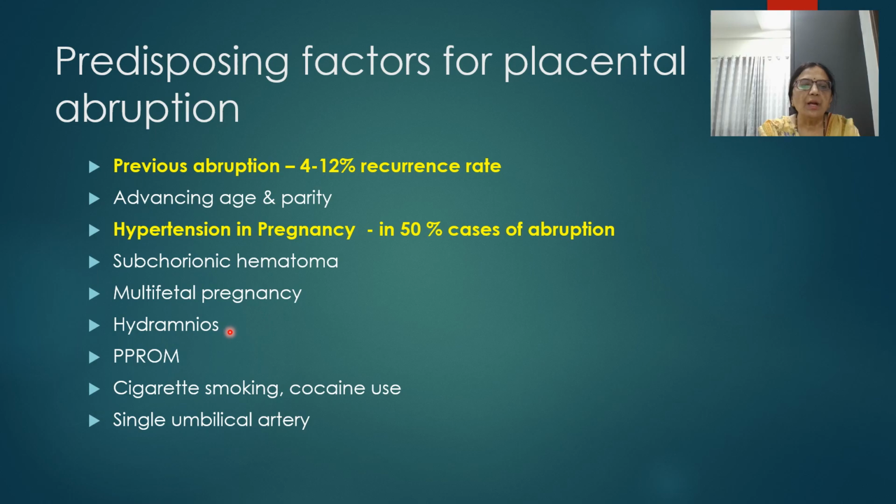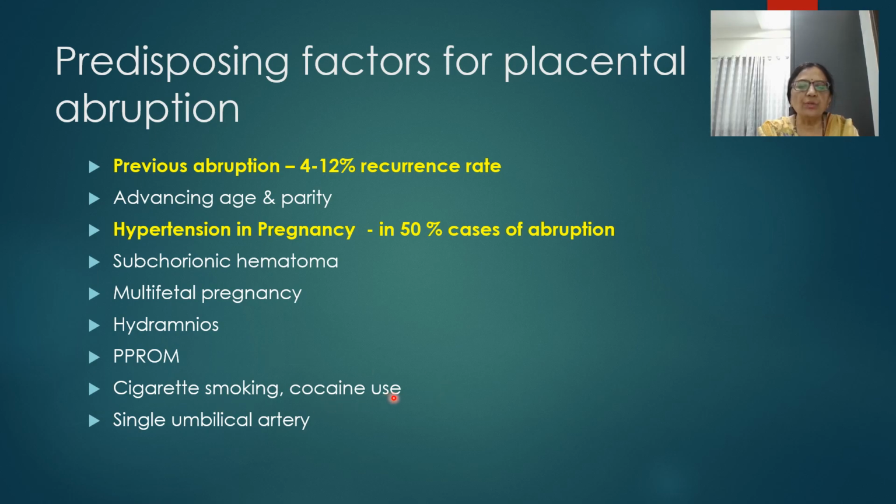Multiple pregnancy and hydramnios, where there is a possibility of overstretching of the uterus and sudden decompression with rupture of the membranes, or delivery of one of the babies in multiple pregnancy, lead to the development of abruption. With preterm prelabor rupture of membranes also, sudden decompression is associated with development of placental abruption.